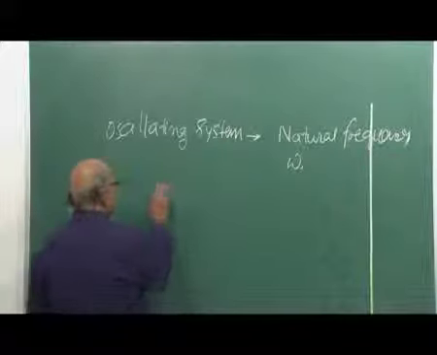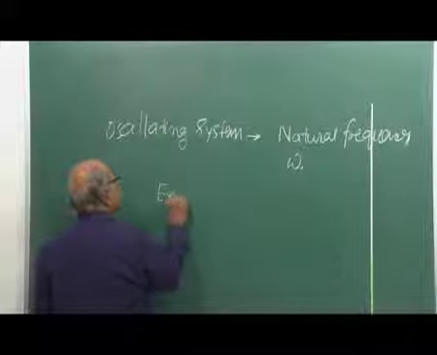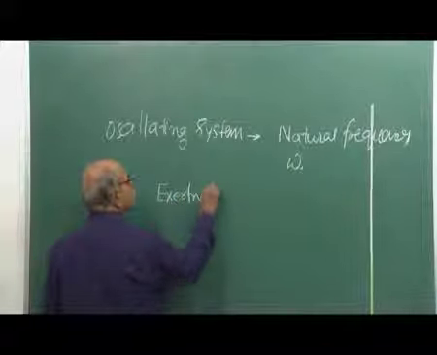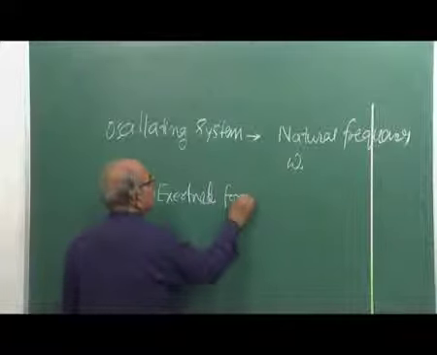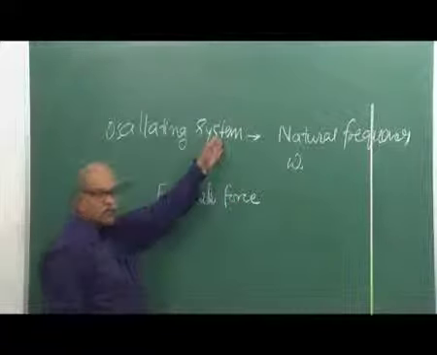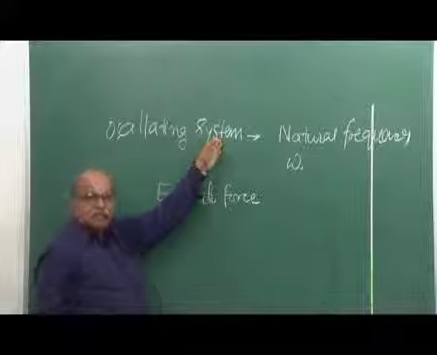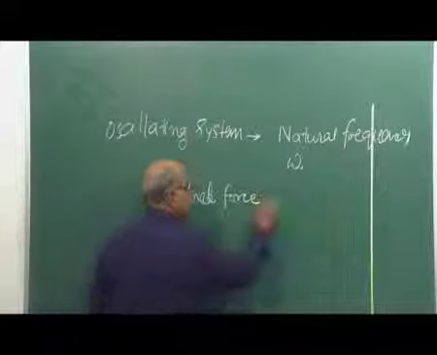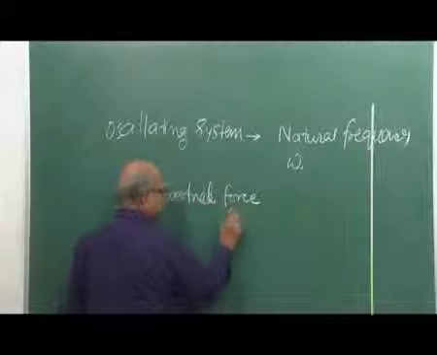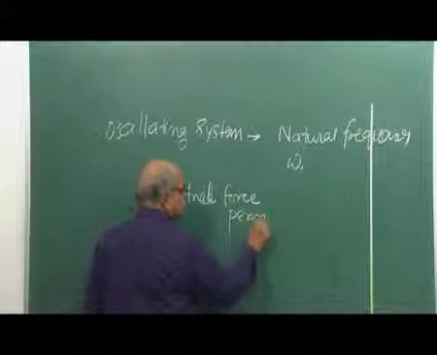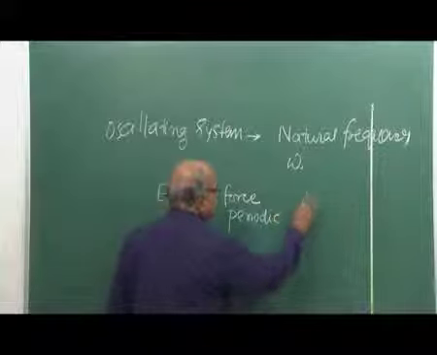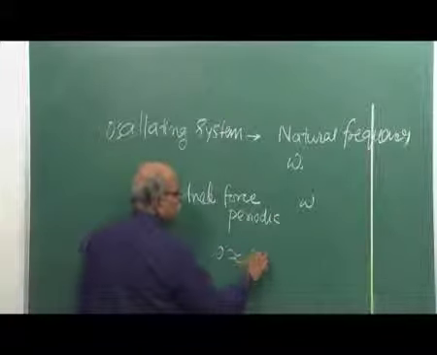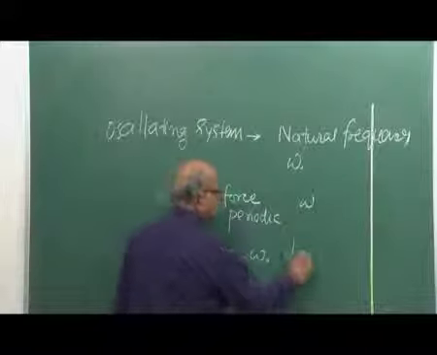And then you apply an external force. That means apart from that restoring force, apart from any damping force which may be there, you apply an external force, and if that is periodic, and its frequency is omega, then if omega is close to omega naught, you have large amplitudes.